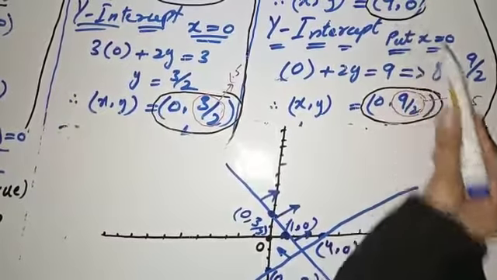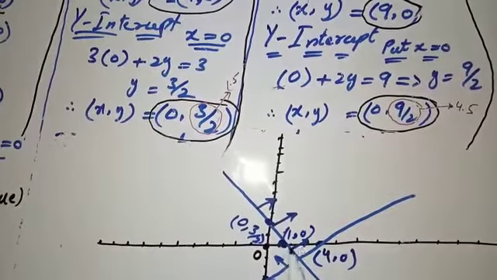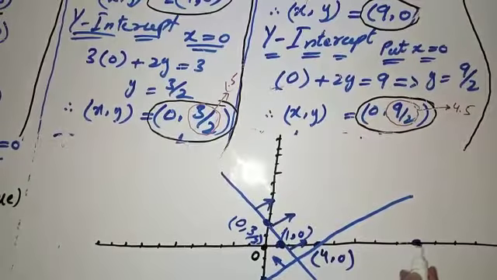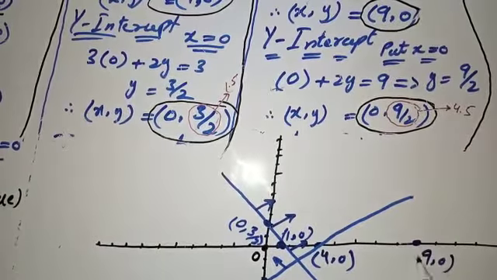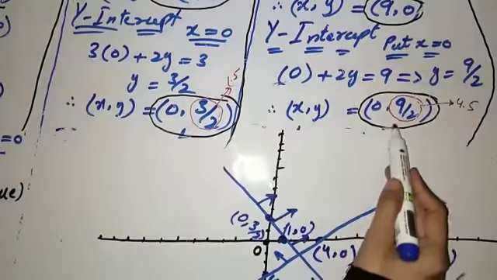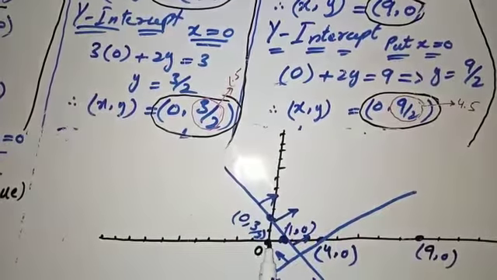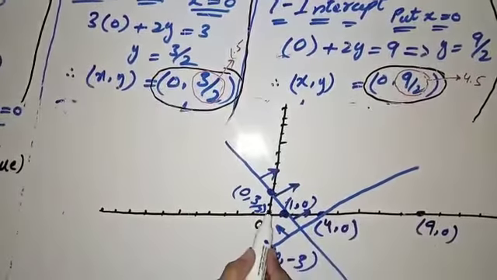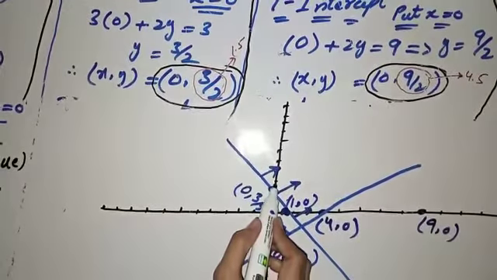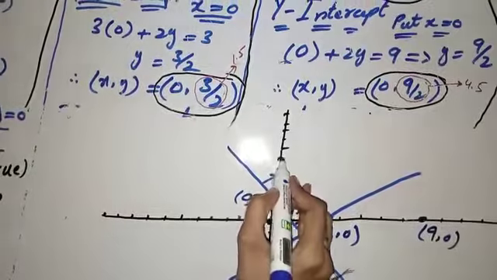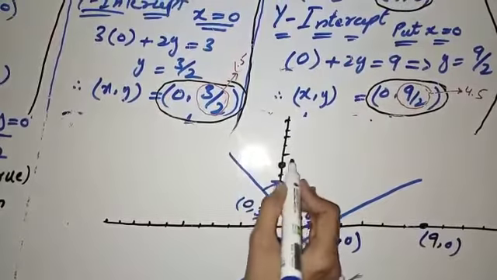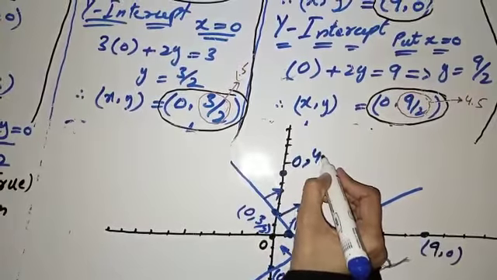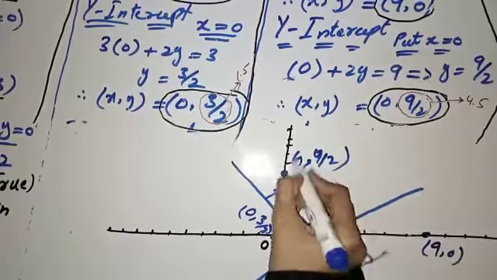For the values (9, 0), on the x-axis its value is 9: 1, 2, 3, 4, 5, 6, 7, 8, 9. And the second value is (0, 9/2). On the x-axis the value is 0 and on the y-axis 9 by 2, 4.5: 1, 2, 3, 4, suppose 4.5 lies here. (0, 4.5) or 9 by 2.